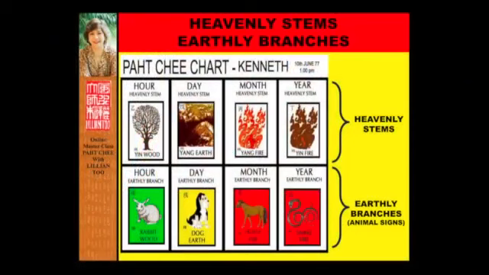So now you have the top and the bottom on 4 pillars. Now each of these elements on top, the 4 elements on top, are known as the heavenly stems.